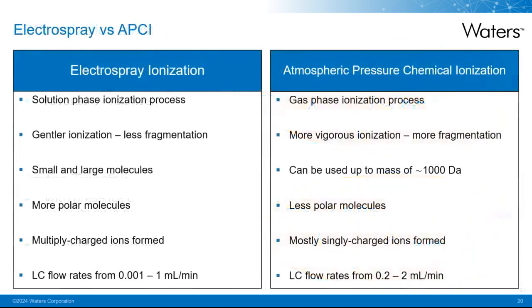So here we can compare the two techniques in terms of ionization, the kind of analytes that work well, the types of ions formed, and the LC flow rates which work best for each one. Many modern mass spectrometers can run both ESI and APCI with easily exchangeable source components, and some systems can run both techniques in tandem within the same chromatographic run.